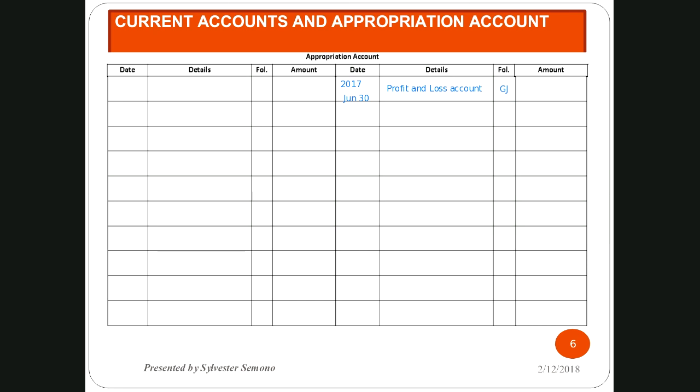But if we go back and check, we can just go according to the order of our partnership agreement. Firstly, we pay partners interest on capital, meaning this interest on capital must be paid out of this profit and loss. And obviously, we must go to the debit side to show that we are paying our partners. So I'm going to put June the 30th.